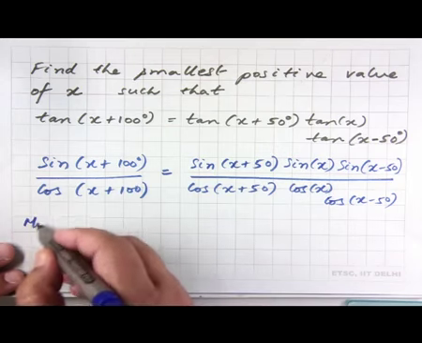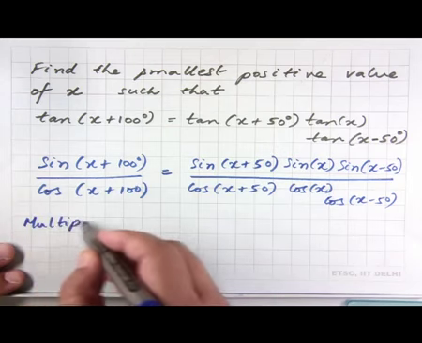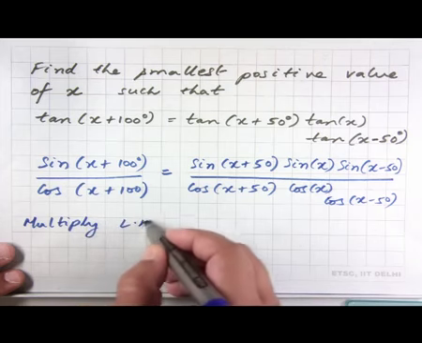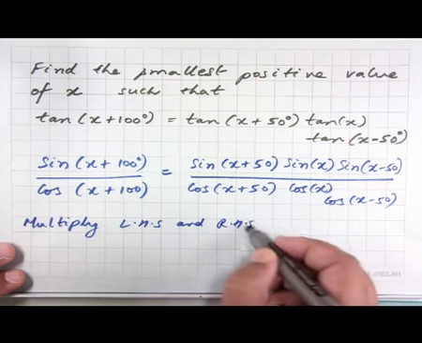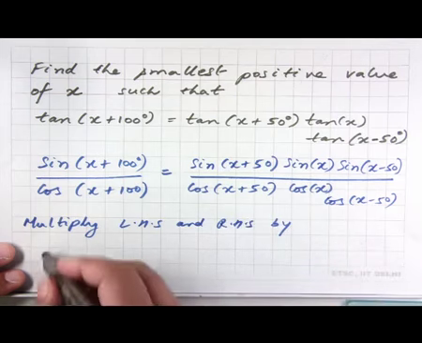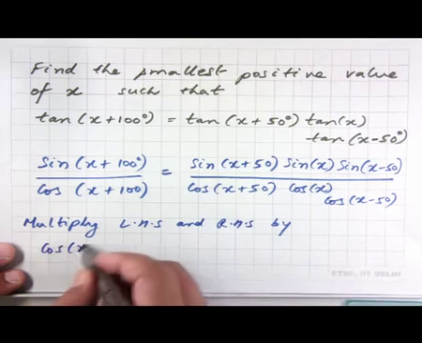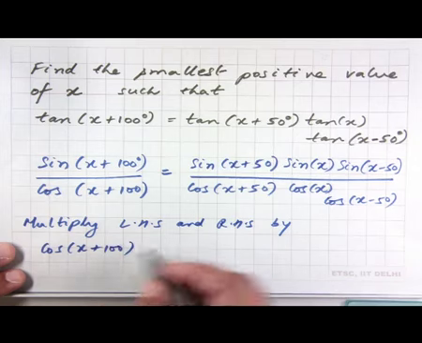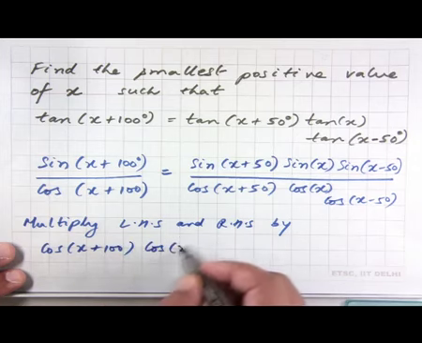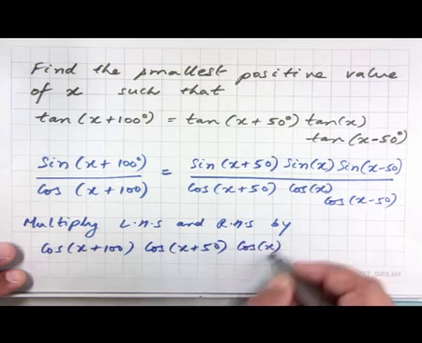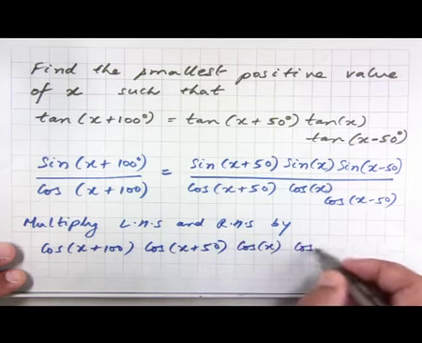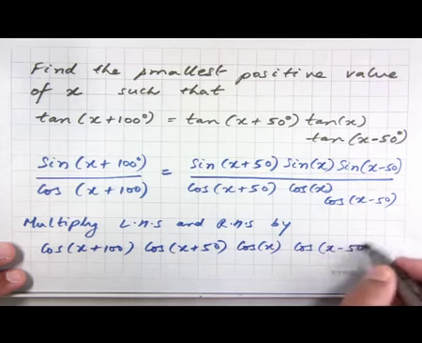So, multiply the LHS and the right hand side by cos of (x plus 100) times cos of (x plus 50) times cos x times cos of (x minus 50).